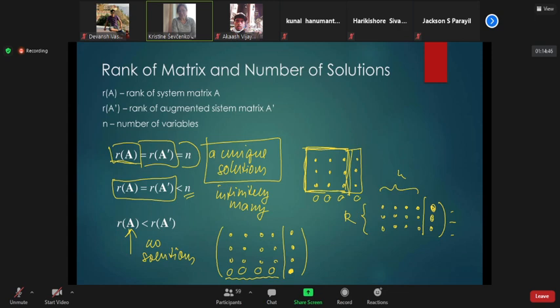If the rank is less than the number of unknowns, then we have infinitely many solutions. And another thing is the number of constants to choose at random, is actually rank minus n.